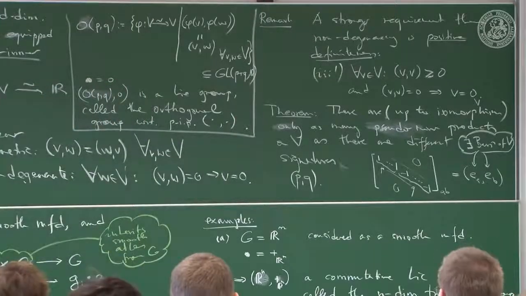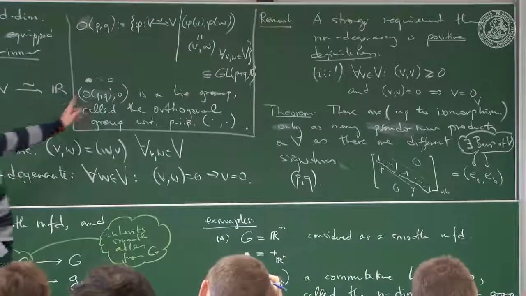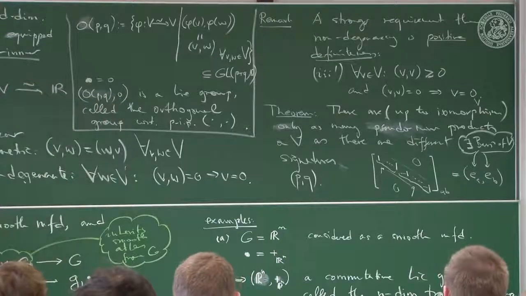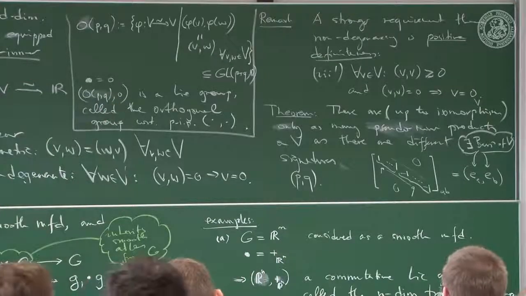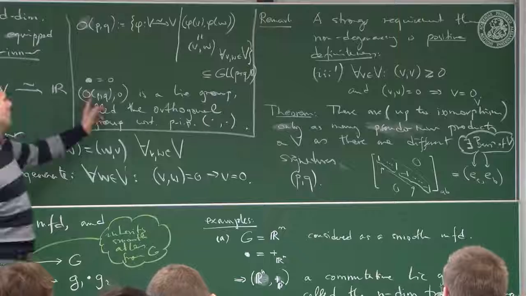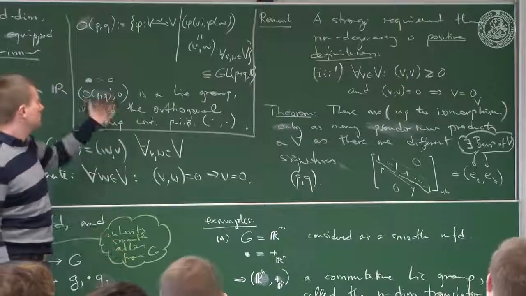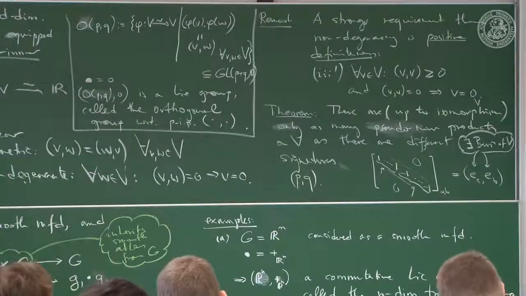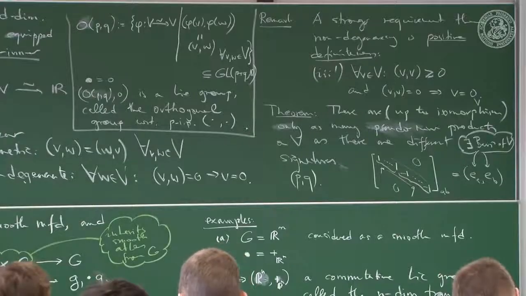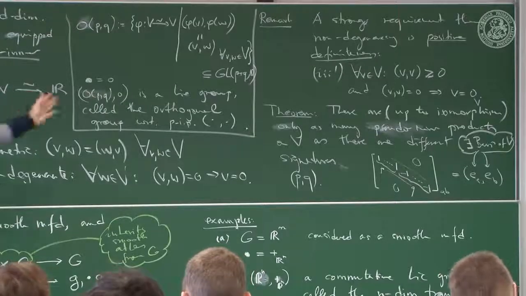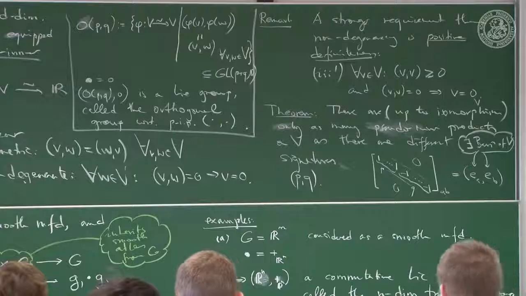Okay, for instance, O(1, 3) is called the Lorentz group in relativity, or O(3, 0) is just the rotation group. So you saw all of this before, but now it's recognized as a Lie group.